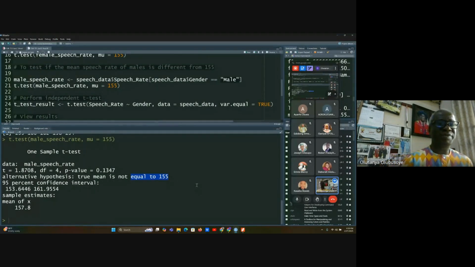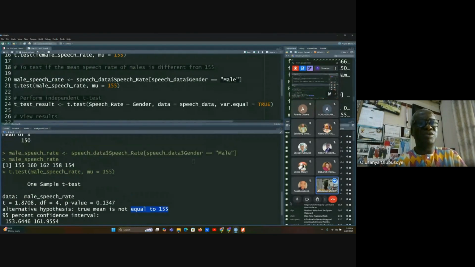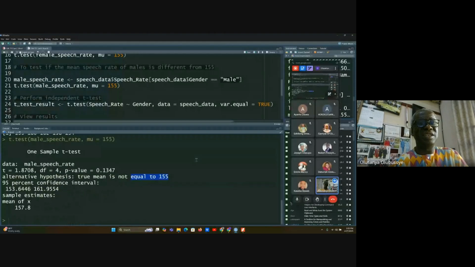Which means we can conveniently conclude that the true mean speech rate for male is equal to 155.